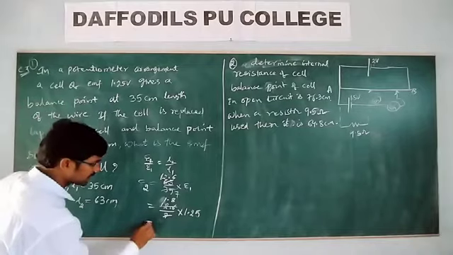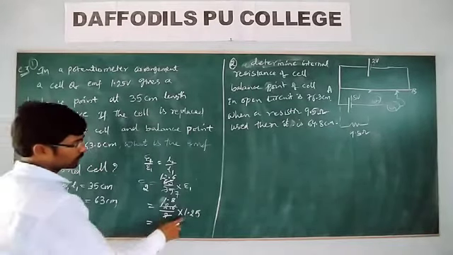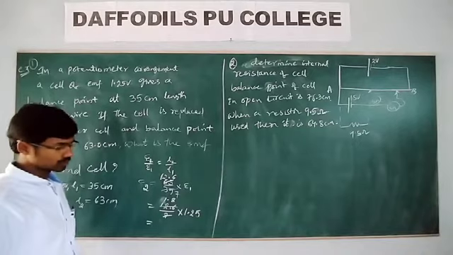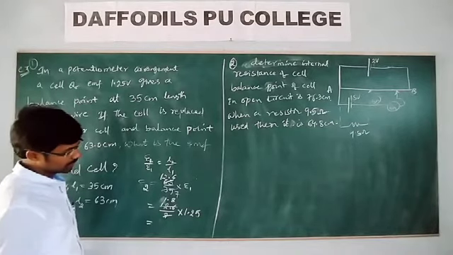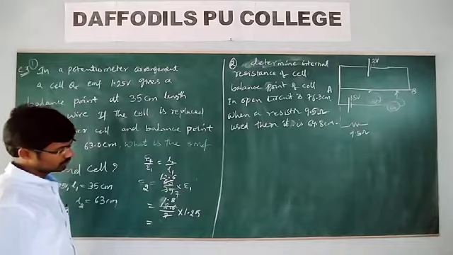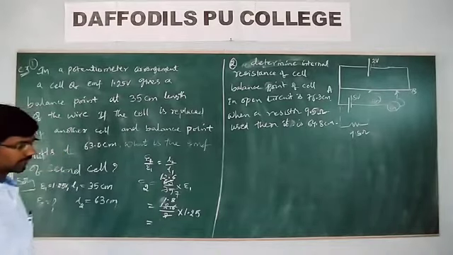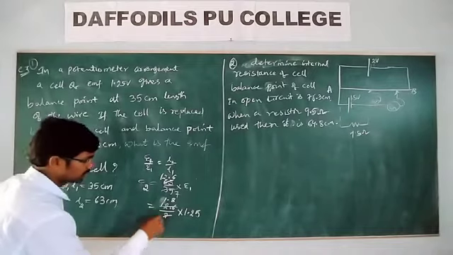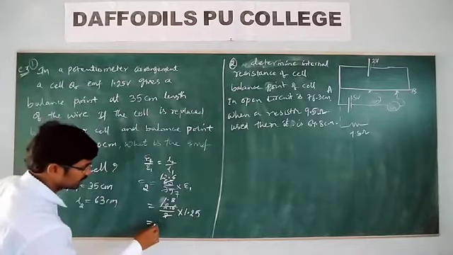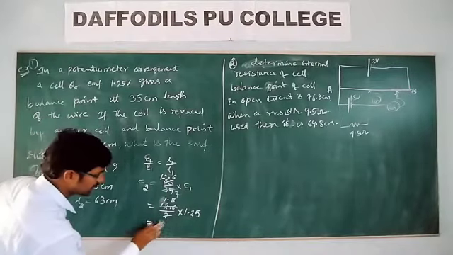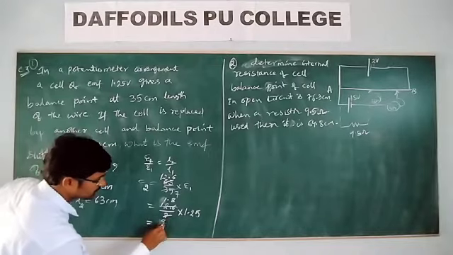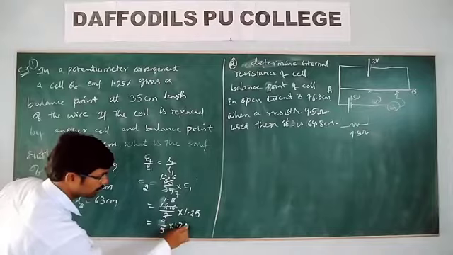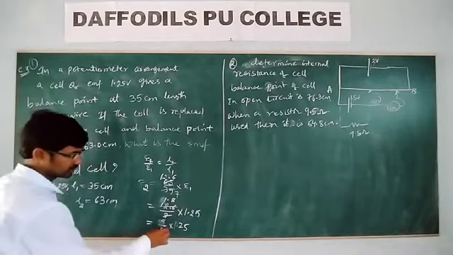Then 1.8 into 1.25. Let me take it as 18 by 10, which is 9 by 5, into 1.25. For simple calculation, that's all.